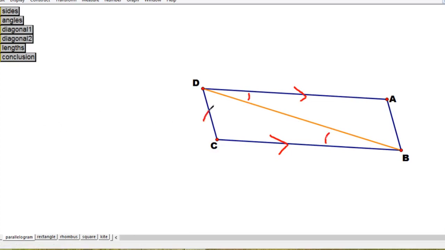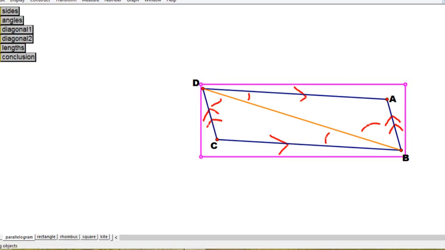These two sides also are parallel, segment DC and segment AB. And if these are parallel, then the alternate interior angles are congruent. We are not after those because you have studied that. So let's take that out.